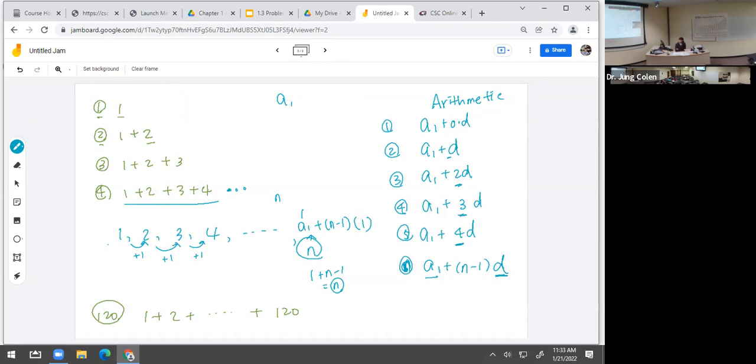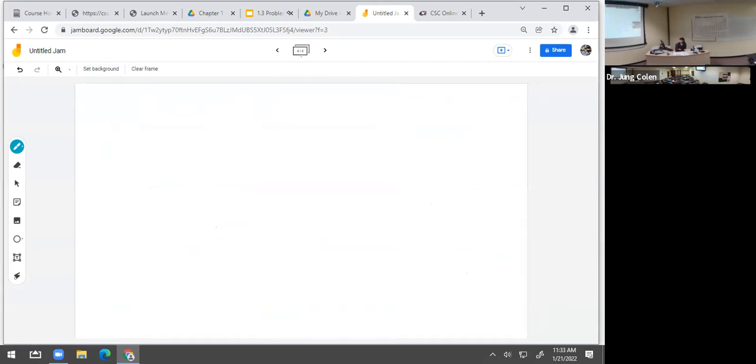Now I want you to think about the sum of the arithmetic sequence. So can I move forward here? Now I am talking about adding those numbers. 1 plus 2 plus 3 plus 4 plus, all the way to n.